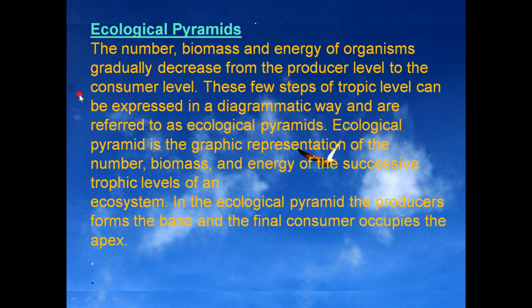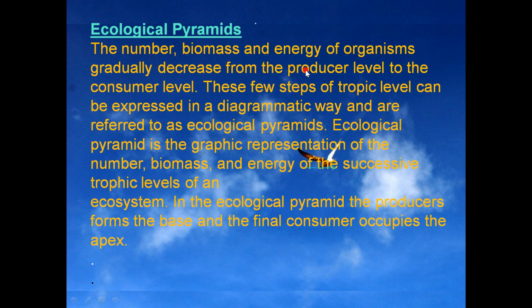Now we go through the ecological pyramid. A pyramid is nothing but a shape with a bigger base and an apex. In such food pyramids in the ecosystem present in nature, the number, biomass, that is biological material, and energy of organisms gradually decrease from the producer level to the consumer level, that is the herbivores and carnivores.